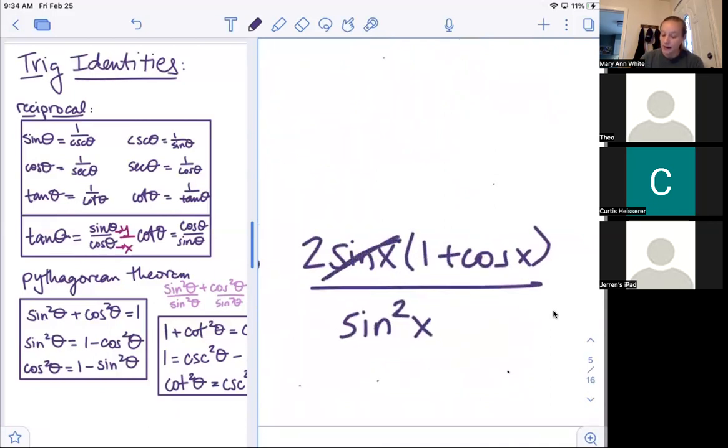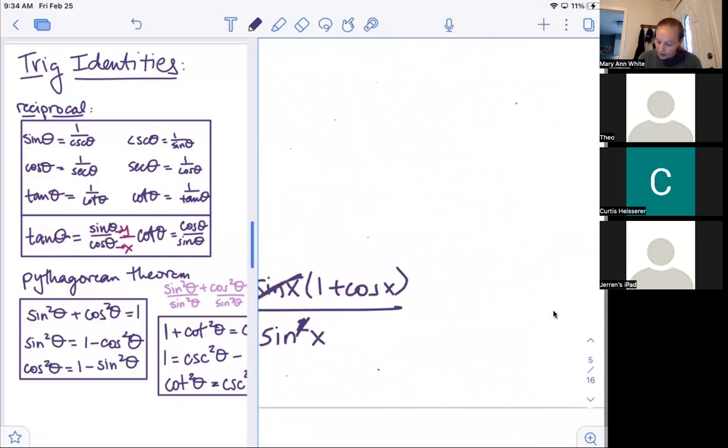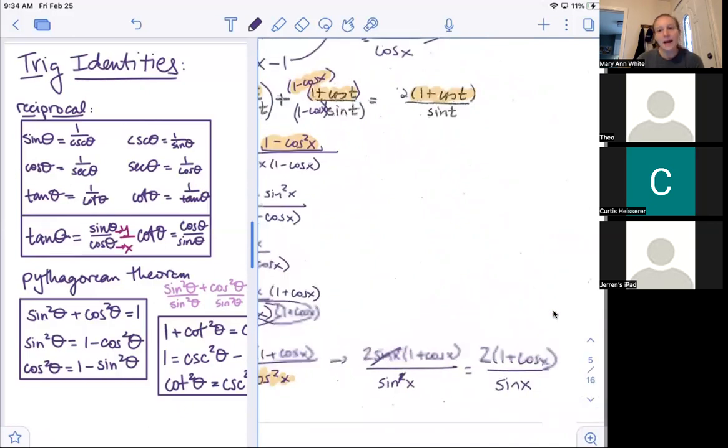I can take one sine out on top and get rid of the square, getting rid of one of my sines on the bottom. So that gives me 2 times 1 plus cosine x all over sine x. And again, I used x's instead of t's, but that's what I was supposed to get to. We did it.